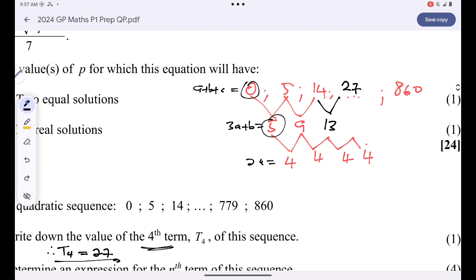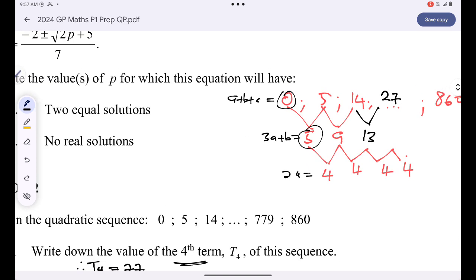Are you together? We need these values of a, b, and c for us to find the nth term of our quadratic sequence, because the equation simply says Tn is equal to an squared plus bn plus c. So I just need the values of a, b, and c.